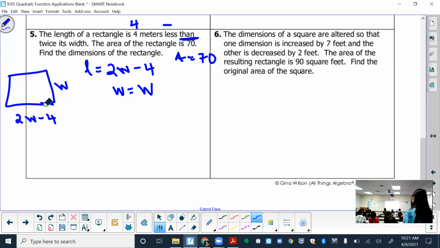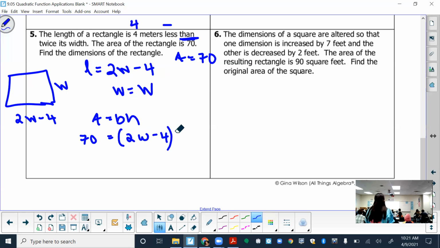That's how we set it up. And since the area is 70 and area is base times height, put things in the right spot. I'll let you guys continue solving from here, but just showing you how we set things up.